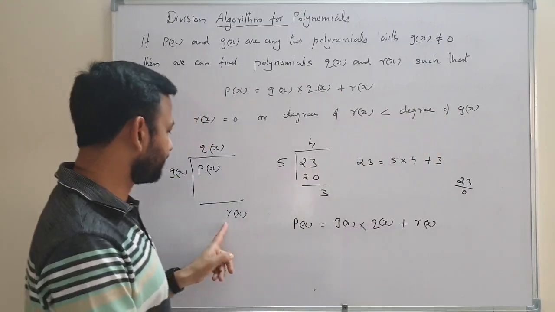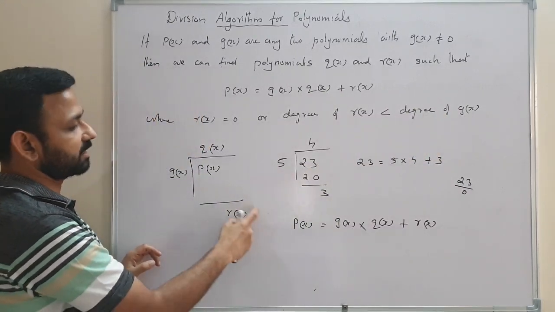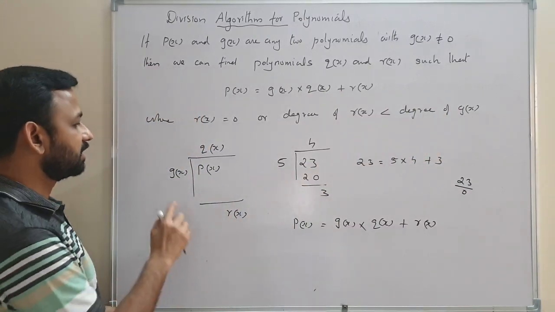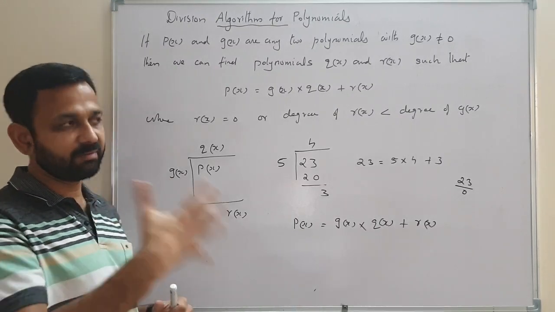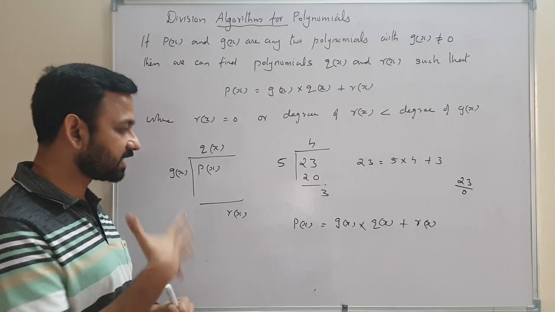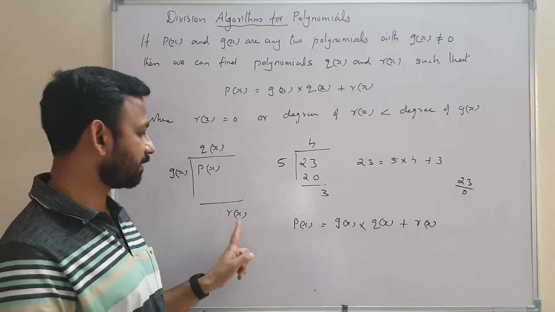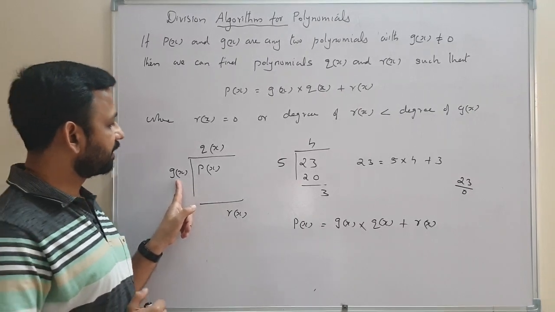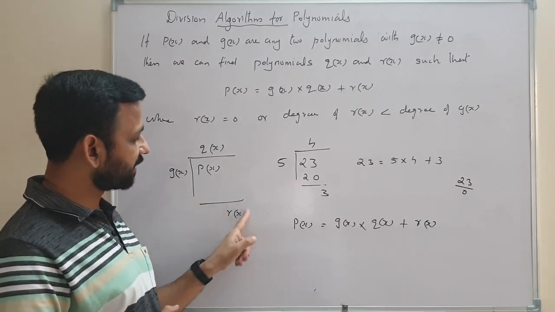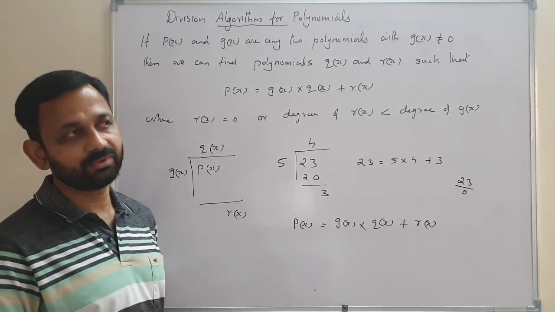So in division, the degree of the remainder should be less than the degree of the divisor. Degree means the highest power of the variable. Or the remainder can be 0.